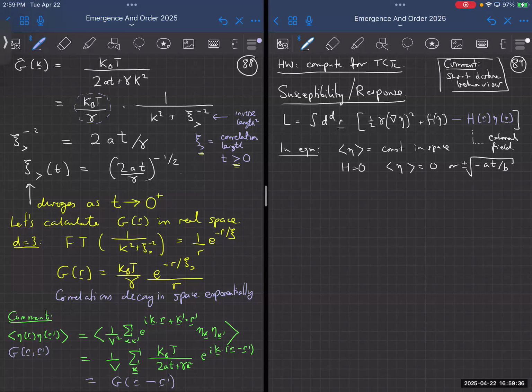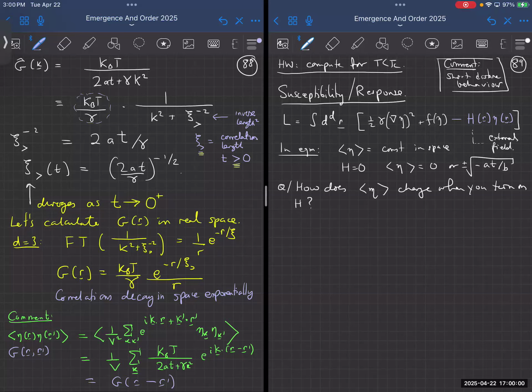So then the question is, how does the expectation value of eta change when you turn on H? We're going to ask, how does the system respond to an external field?